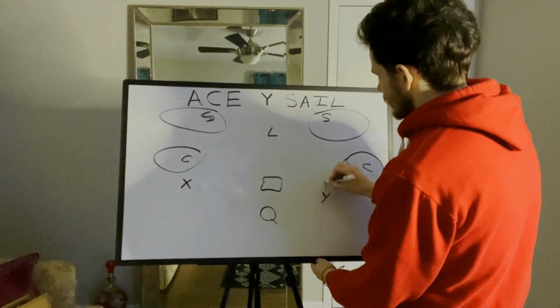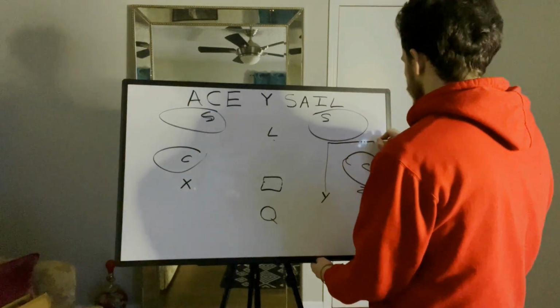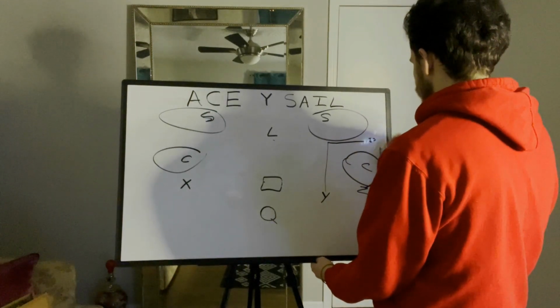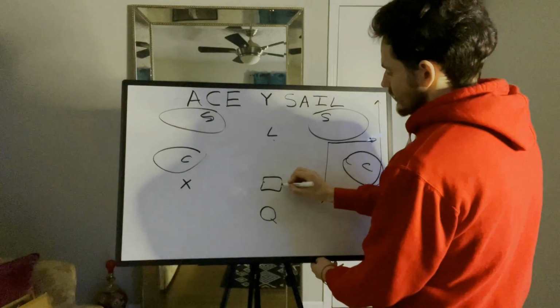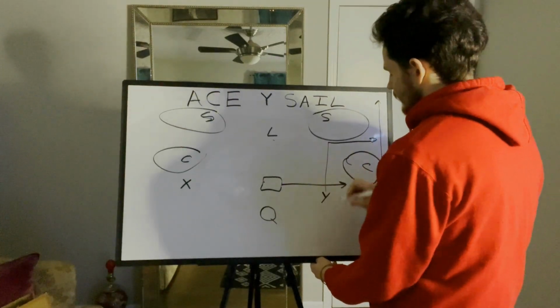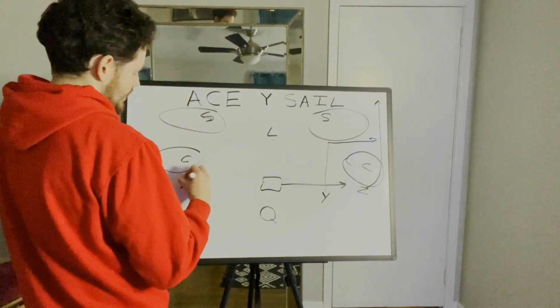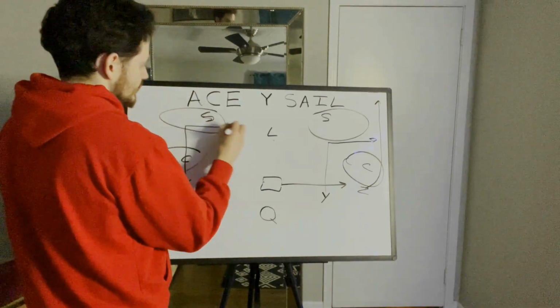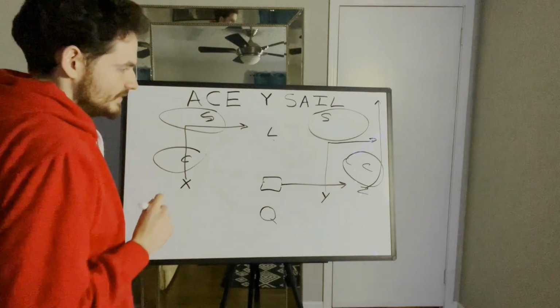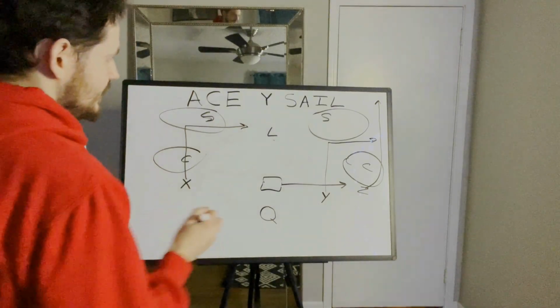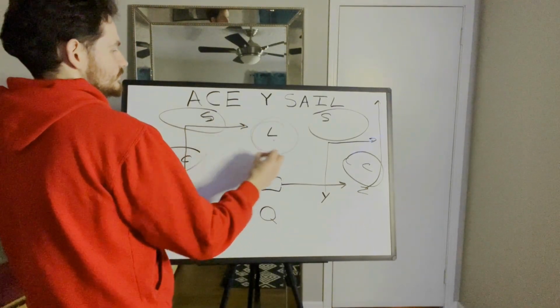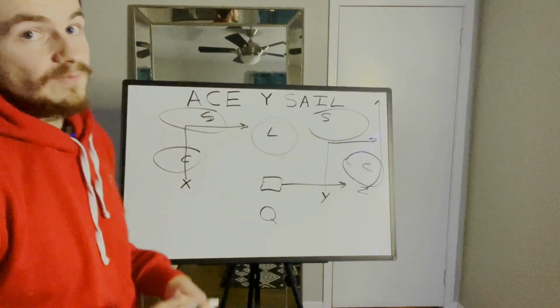So the Y on the out, the Z on the mandatory outside release, the center on the flat, and then the X on the in. Okay. So if he's in coverage, that's great. We love it.